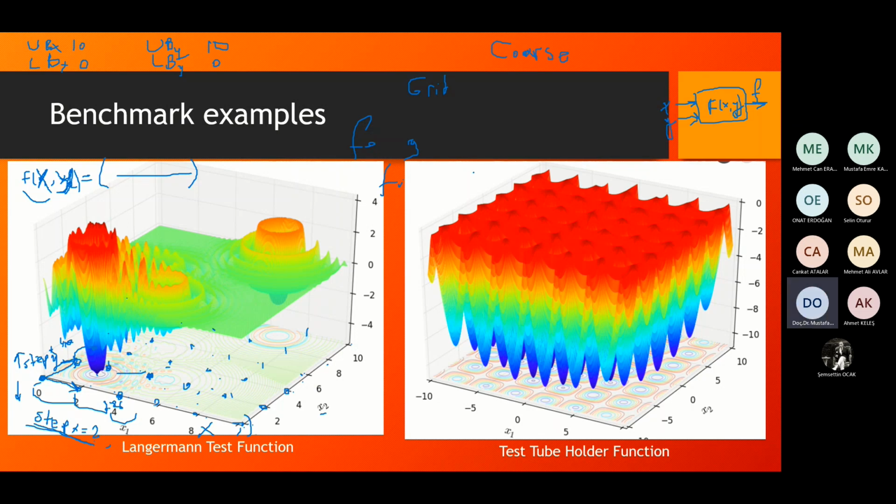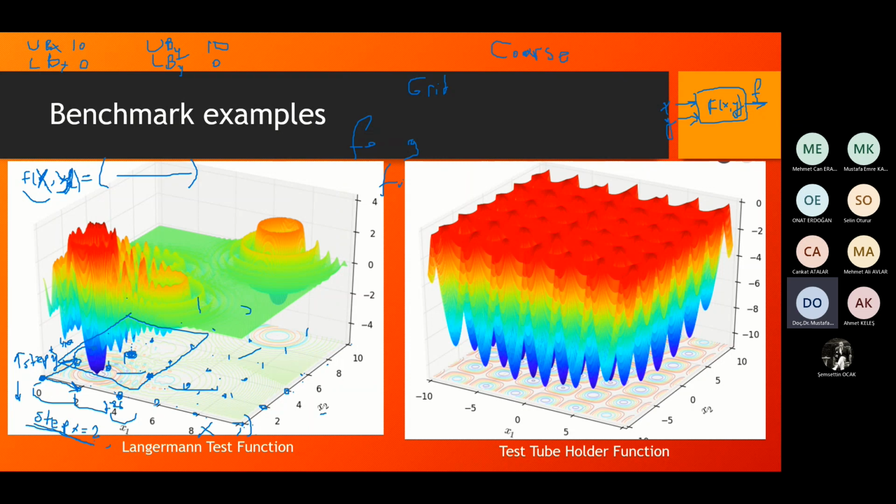After taking those 36 samples, we will find whichever sample is the minimum. Let's say this sample is the minimum. Then we will narrow down our search space around this point and ignore the remaining parts. Whichever sample within those 36 is the minimum, we will take it as the center and put our search space around this point.